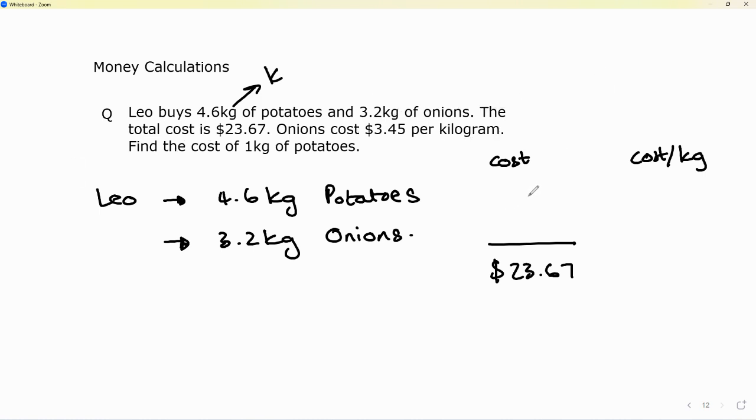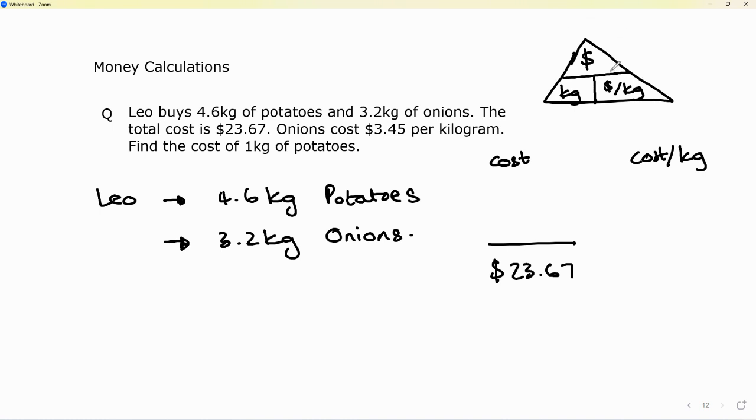I could put this in a triangle, since this also involves a little bit of rate. At the top we have dollars, at the bottom kilograms and dollars per kilogram.